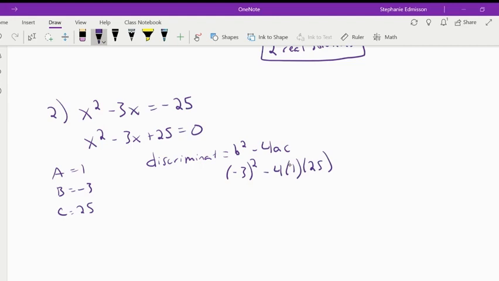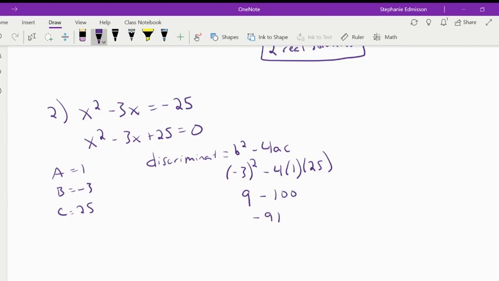Okay, 3 squared is 9. So -3 times -3 is 9. So I write 9. Minus 4 times 1 times 25 is -100. 9 minus 100 is -91.